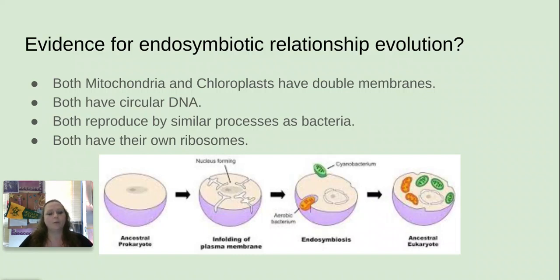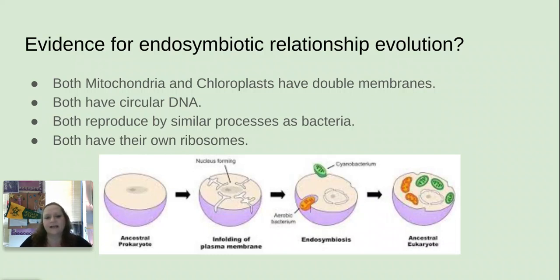So, why do we think that chloroplast and mitochondria had to arise from an endosymbiotic relationship? Both mitochondria and chloroplast have double membranes, meaning that they would have had a membrane, and then when they were swallowed or engulfed, they ended up with two membranes. And that is what we see now.